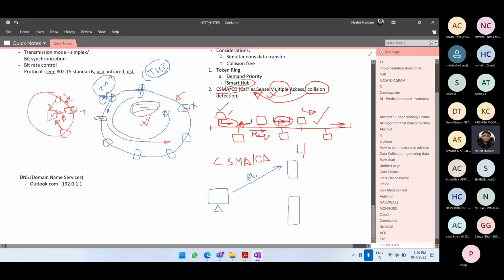He sends a request to the DNS server to resolve this domain into an IP address. So it gives you back the IP. Now, once you have the IP, you go to the web server for that particular IP.